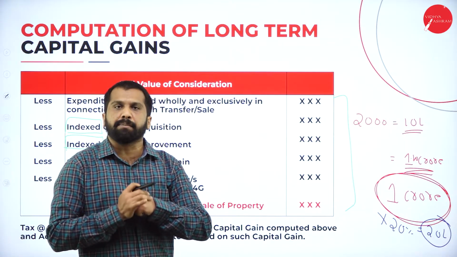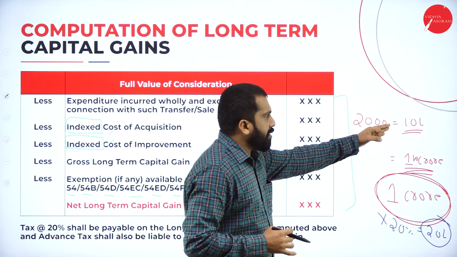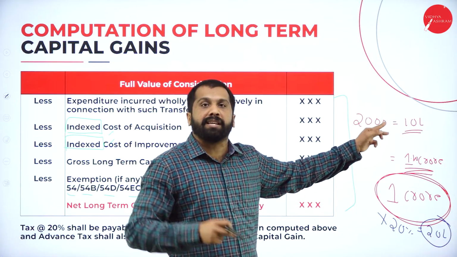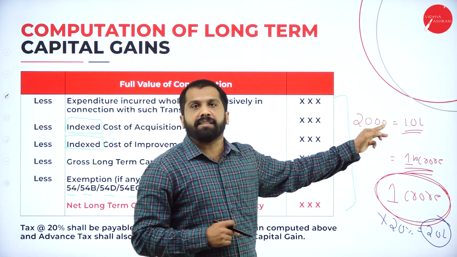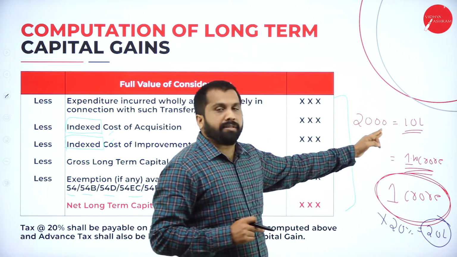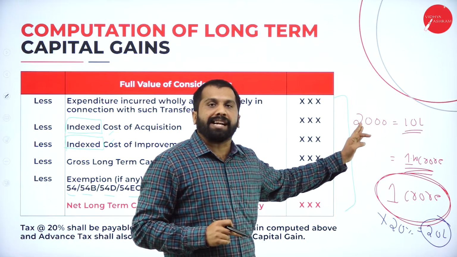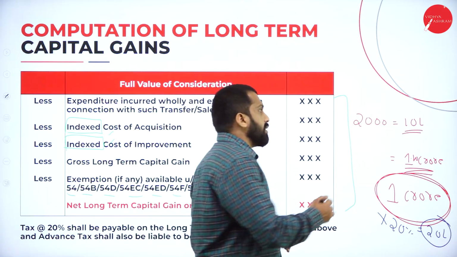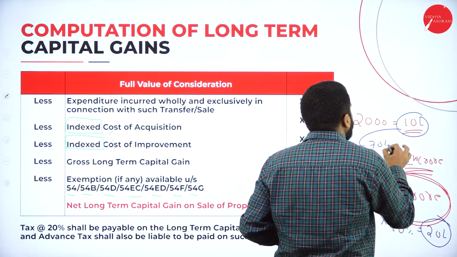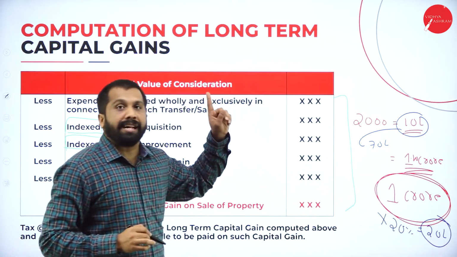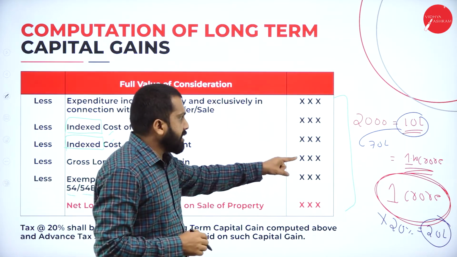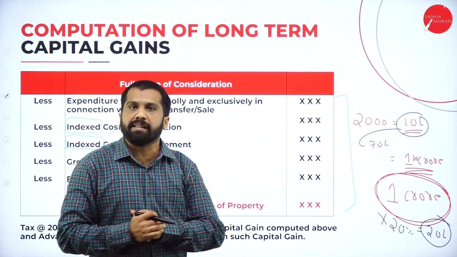I'll come to the numbers of indexation later. I'll go with the example now. Earlier it was 10 lakh. The government will convert the 10 lakh to today's currency, today's money value. In the year 2000, it was 10 lakh; assume that this 10 lakh is now equal to 70 lakh. Your 10 lakh of 2000, according to today's money value, is equal to 70 lakh.